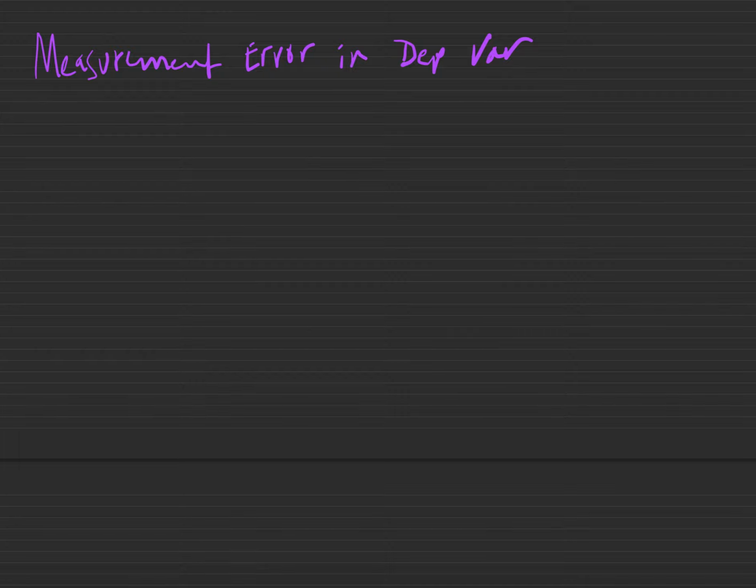Now, the first kind of measurement error that we're going to think about is measurement error in the dependent variable. So let y star denote a dependent variable, for example, family savings.